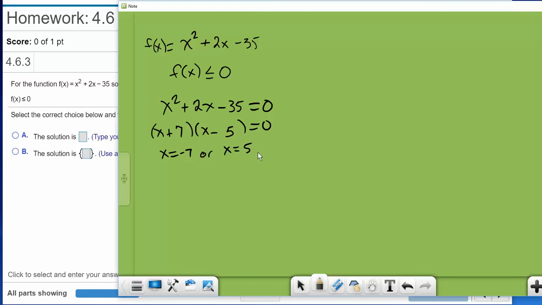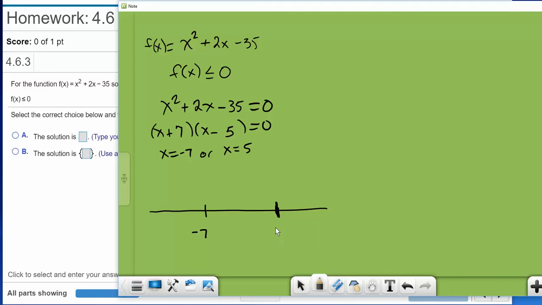Now there's 3 ways to do this problem on the test, to solve these problems. In the notes I showed you all 3. I'll show you 2 different ways right now. So one way is to do what we call the sign graph method. So you mark the x-intercepts, if you think of this as y equals, right?